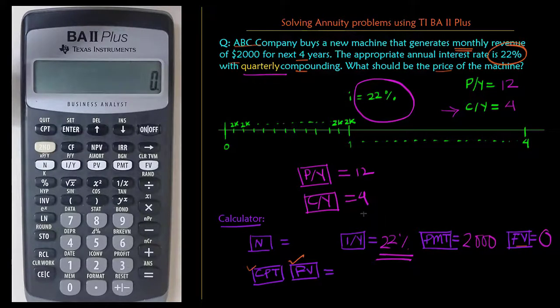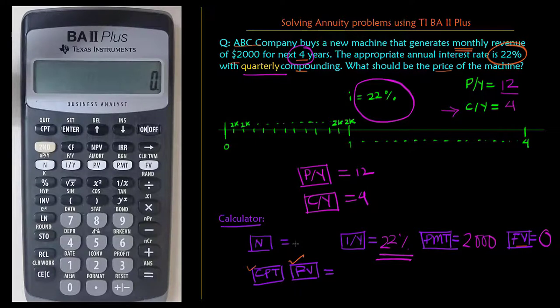You may think that since your calculator also knows that the payment is made 12 times per year, you just need to input 4 here, but unfortunately that is not the case. In periods, you need to provide the number of months that you'll actually get payments for.